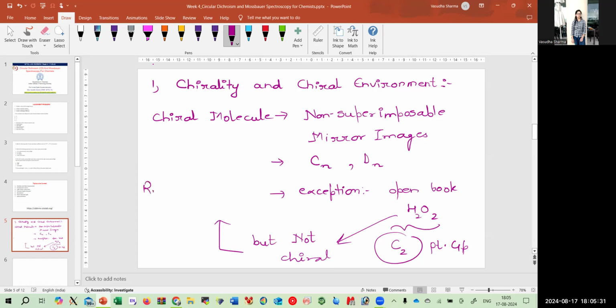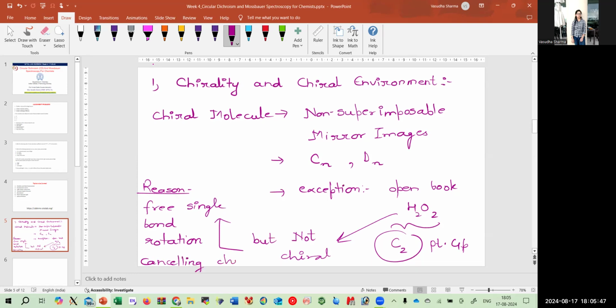The reason is free single bond rotation, which cancels out its chirality. Okay, so this we have studied in our last session.